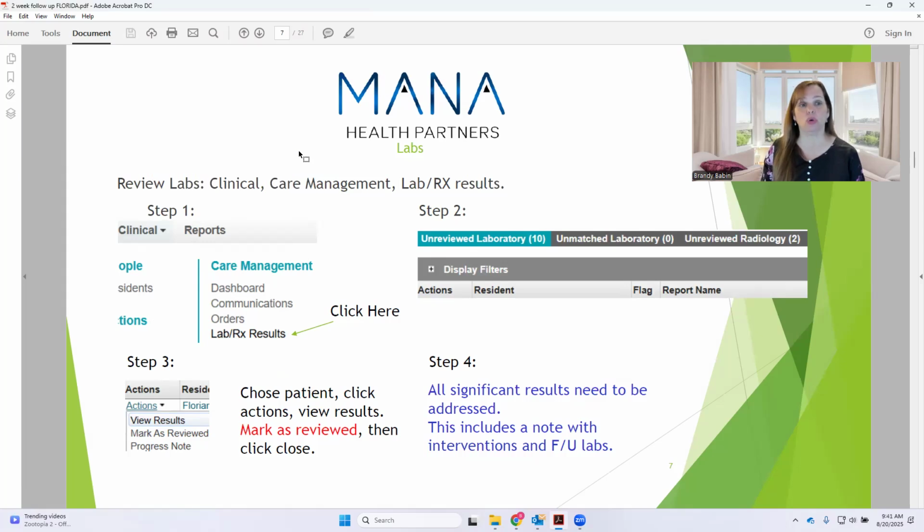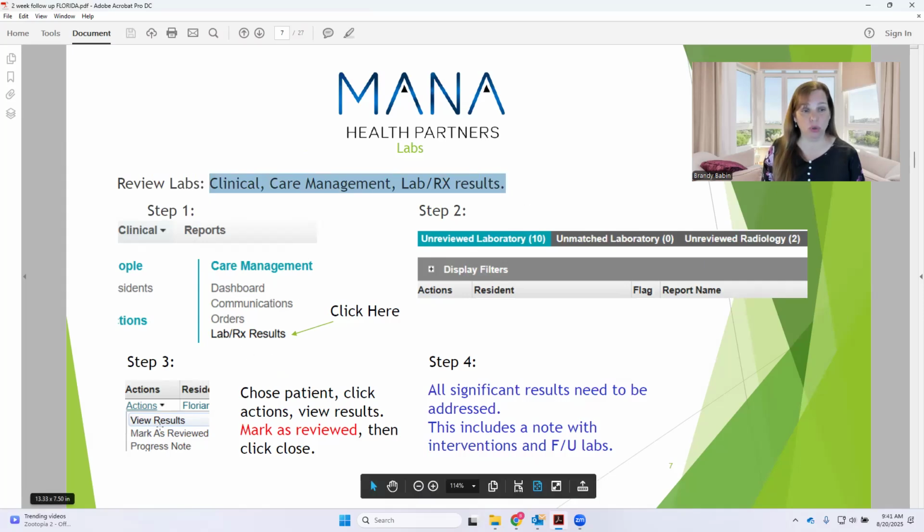That means you're going to go into the labs, clinical, care management, and lab results. You are going to view results. Then you're going to click into the patient, find their results, review their results. If there are some things that need to be addressed, we need to address them.